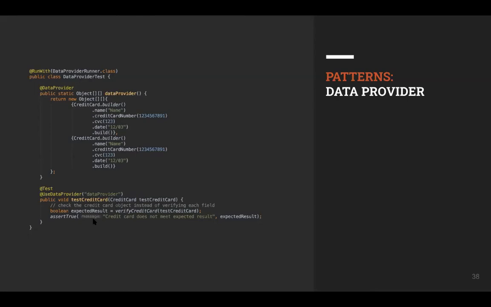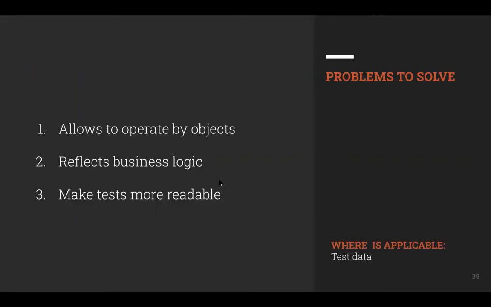Each test automation framework for Java, like TestNG or JUnit, has an implementation of a data provider. I used the example with JUnit 4 here. But I'm pretty sure that everybody who uses Java uses it.